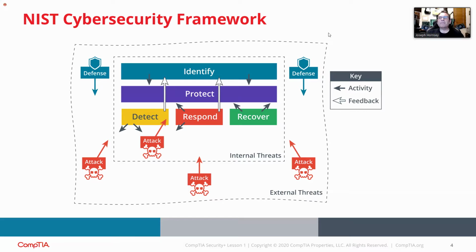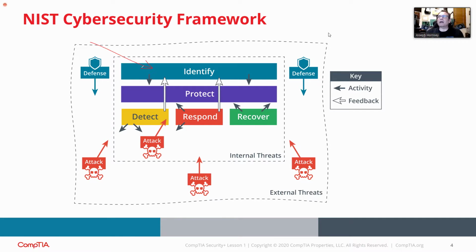Now, the 5 functions that you see here in the diagram, in the slide, the first function is identify. So when we look at our role in cybersecurity, one of the functions of our job is to identify the threats.